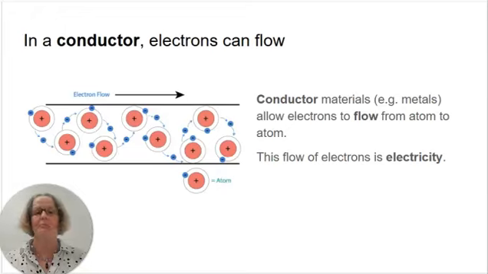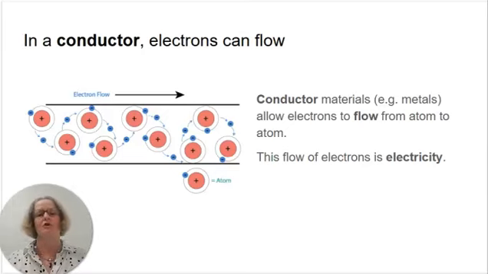There are a couple of non-metals that can conduct, but in general, we will be dealing with metals that conduct electricity. The central nucleus of the atom of metal stays in place in the wire, but the electrons are able to flow from atom to atom as shown in this picture. And it's the flow of electrons that is what we call electricity.